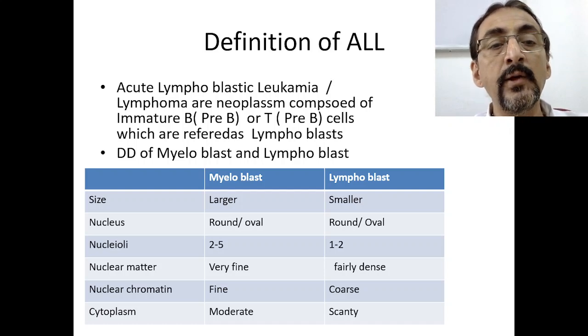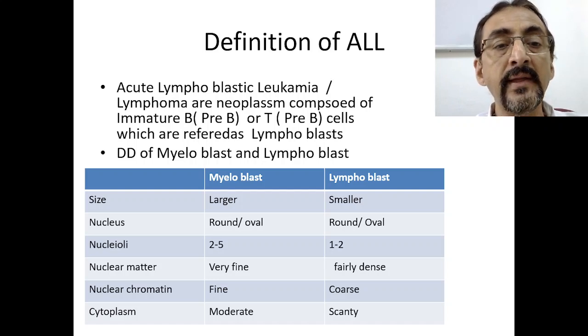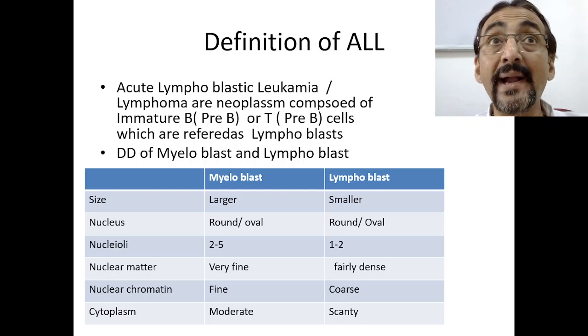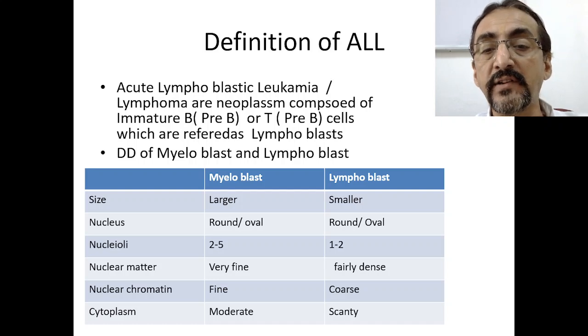Yes, same. Nucleoli are 2 to 5 here, but in lymphoblast 1 to 2, still lesser. Nuclear matter is very fine in myeloblast, fairly dense in lymphoblast. Nuclear chromatin is fine in myeloblast, whereas it is coarse in lymphoblast.